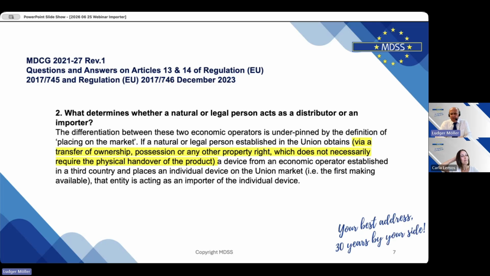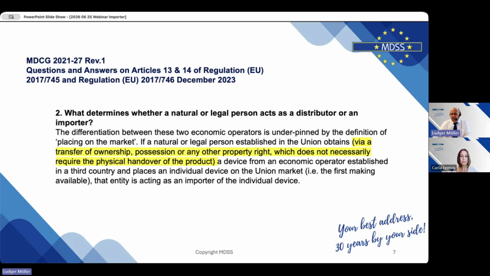It will be sent directly to the hospital and installed, and then the one who is paying the agent, the one who has bought it and has done the sales, will invoice the hospital, and the MRI manufacturer will invoice that importer.